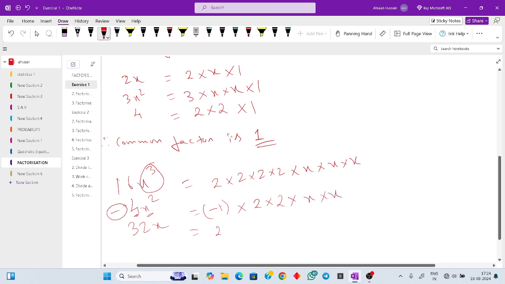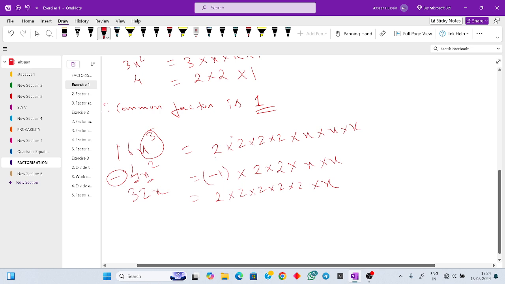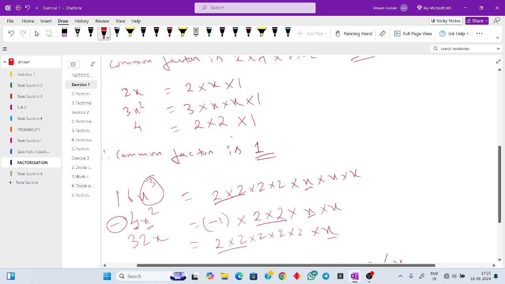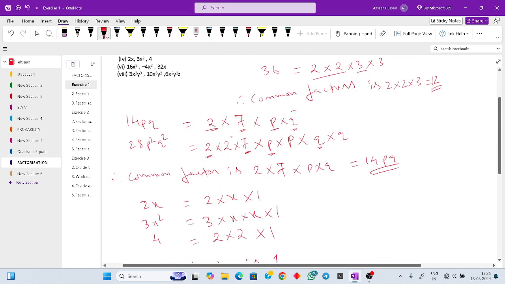Similarly, 32x means 2 multiplied by 2 multiplied by 2 multiplied by 2 multiplied by 2 multiplied by x. So the common factor, or the HCF you can say, will be: these 2's are common and one x is common in each term. So the common factor will be 2 multiplied by 2 multiplied by x, that is 4x.